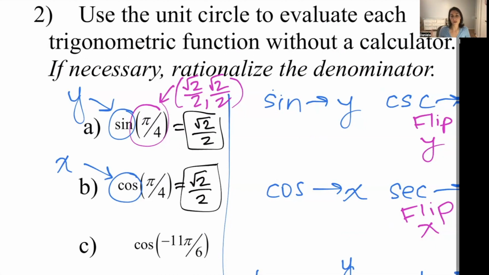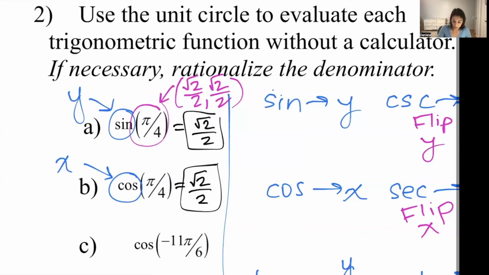So if you were to set your calculator to radian mode and punch in sine of pi over 4 and click enter, you're going to get a repeating decimal. And then if you do square root of 2 divided by 2 on your calculator, you're going to see that they match. They're exactly the same. So we're not just making up stuff here. There's actually meaning behind everything we're doing.